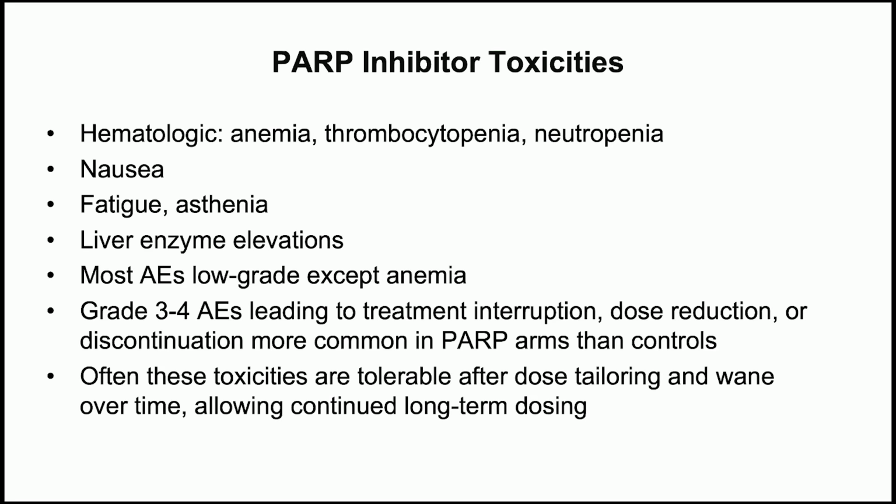And what we do is we interrupt treatment for grade 3 or 4 adverse events. You can then dose reduce, or if the patient really is not doing well, you can discontinue the treatment. But dose reduction often helps with these particular side effects: transfusions, colony stimulating factors, and then of course you manage the toxicities based upon the patient's overall outcome.